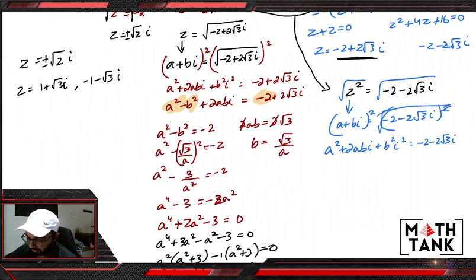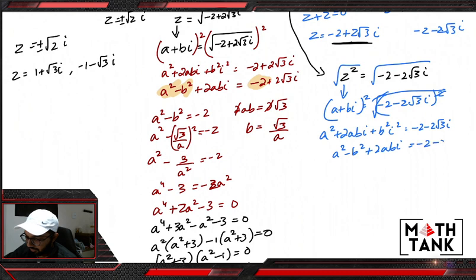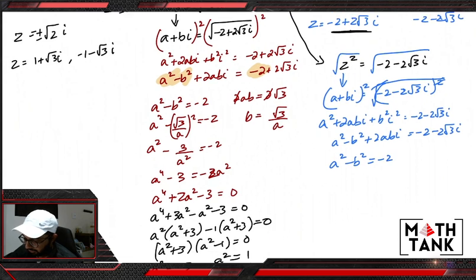That was inside a root, so the roots cancel out. So a squared minus b squared plus 2abi. a squared minus b squared is again equal to minus 2, but in this case 2abi now equals minus 2 root 3i.